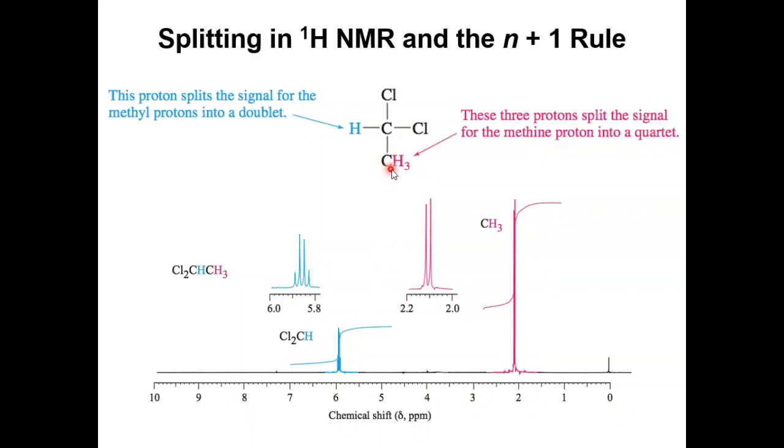Now if you look at the methyl protons, they obviously are at least one more bond away, basically one chemical bond further away from the two chlorine atoms. So the inductive effect on those methyl protons is appreciably weaker. I'm not saying it's very weak, but it's appreciably weaker.